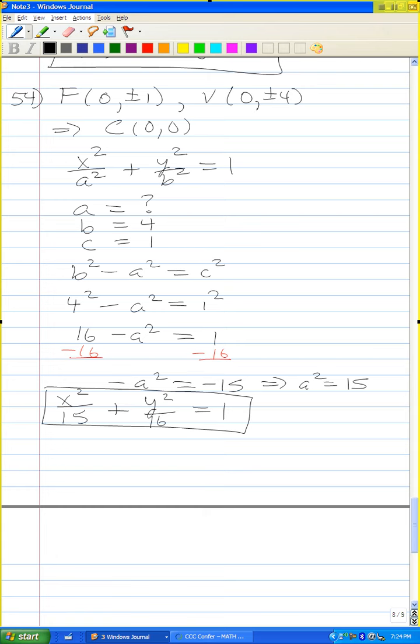So 1 through 14. Well, I'll start with the length of the minor axis. Well, you go from -2 to +2, so that's 4. The length of the major axis, you go from 4 to -4, so that's 8.